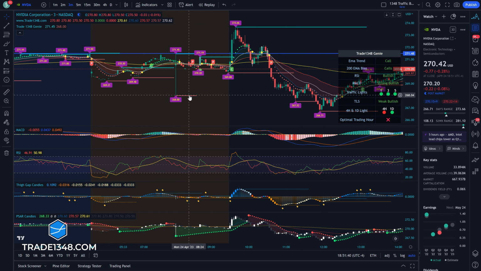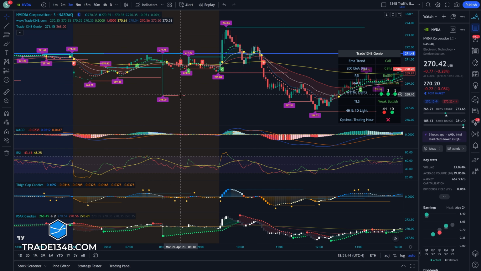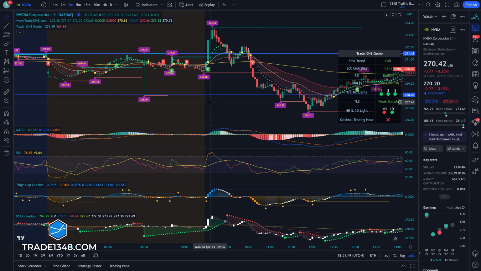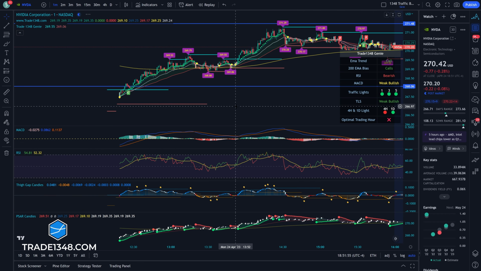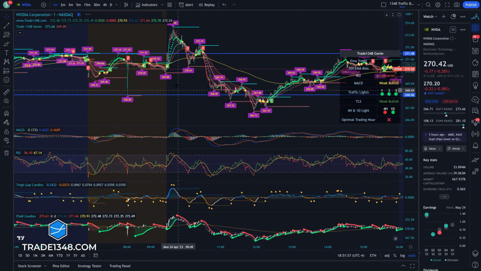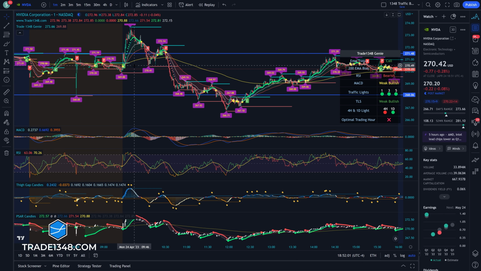And then we plotted the low of after hour and pre-market. We plotted that to 268 even. We then came to the 1 minute and we found our 200 EMA and we plotted this as well.